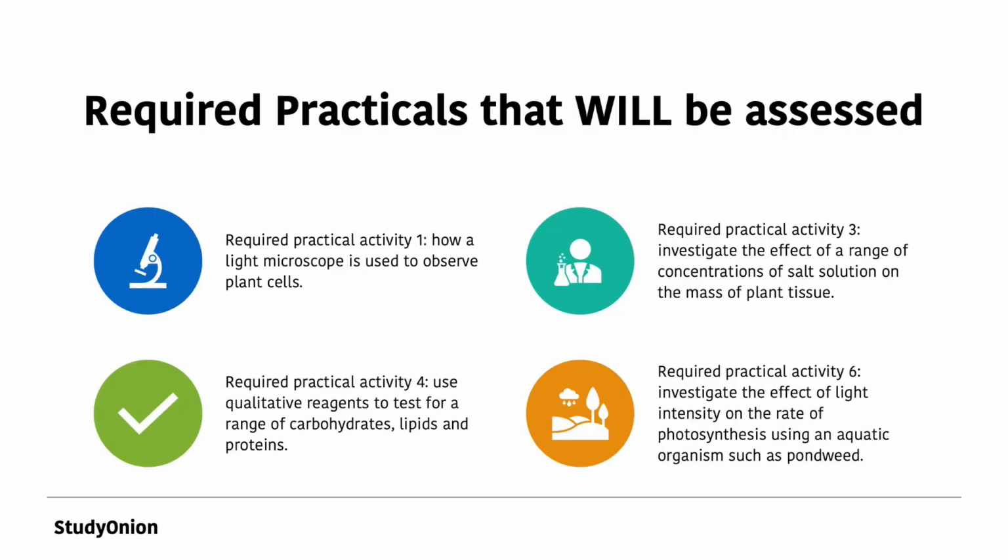There are 4 required practicals which will be assessed in this paper. Practical 1 is how to use a light microscope to observe plant cells. Practical 3, investigate the effect of a range of concentrations of salt solution on the mass of plant tissue.